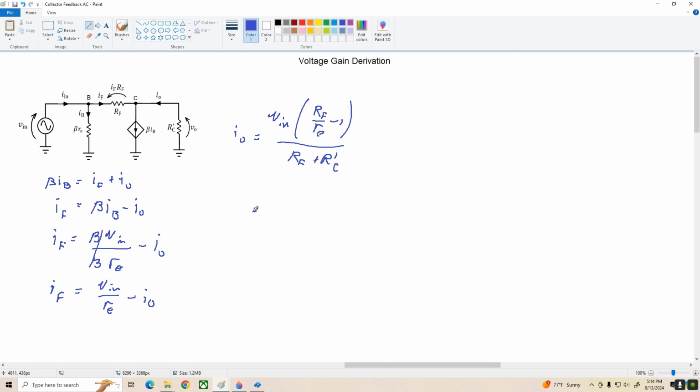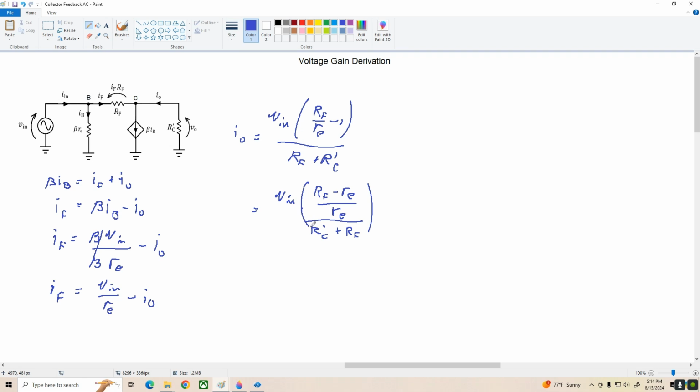So let's see, starting here, we've got Vn times, we can convert this into Rf over little re minus little re over little re to get a common denominator. So we get Rf minus little re over little re divided by Rf, well, R prime C plus Rf. Right.